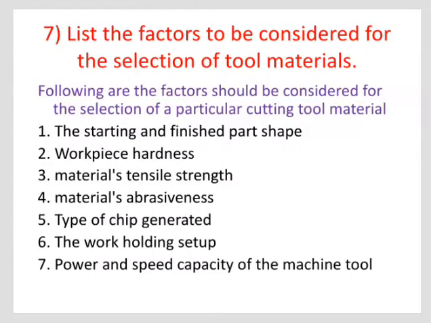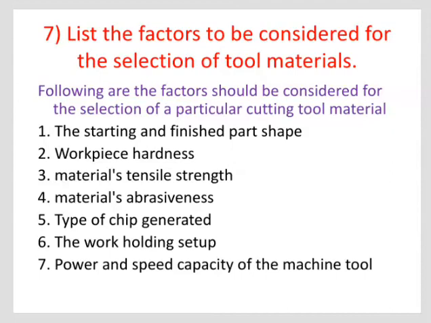Next is: list the factors to be considered for the selection of tool material. Here the following are the factors that should be considered for selection of a particular cutting tool material. First one is the starting size of the part and the finished part shape.